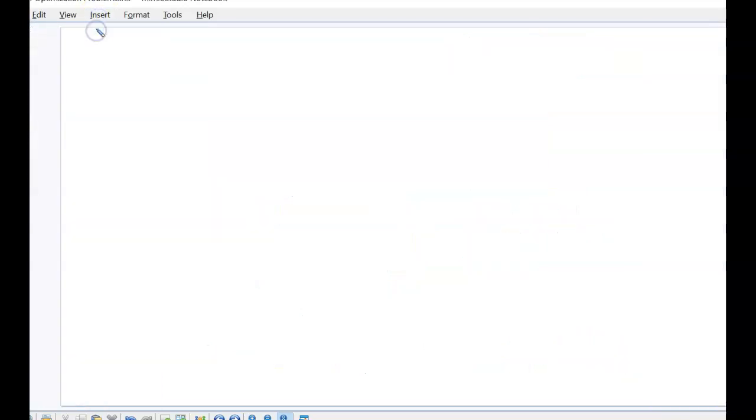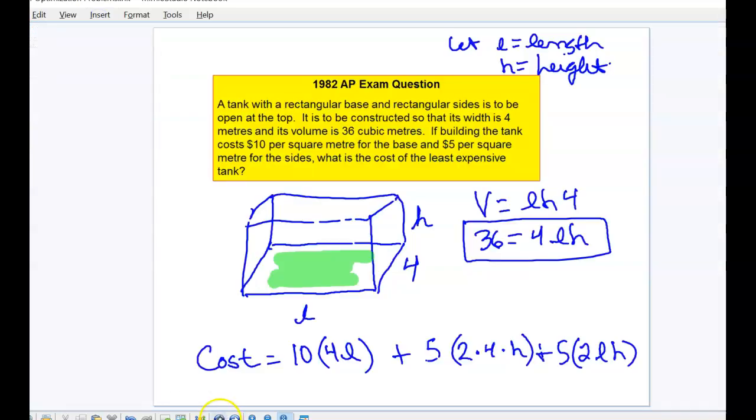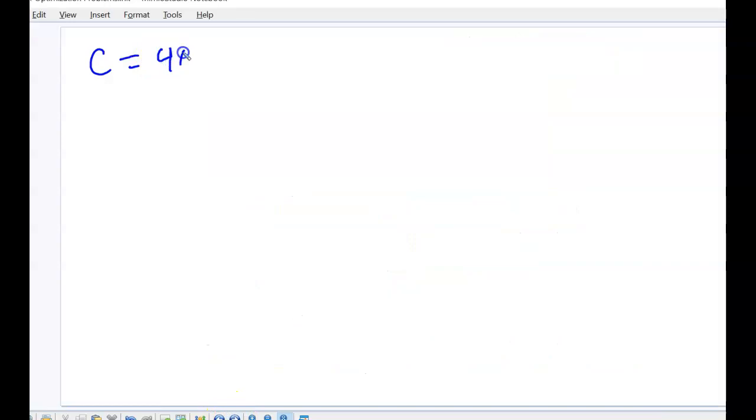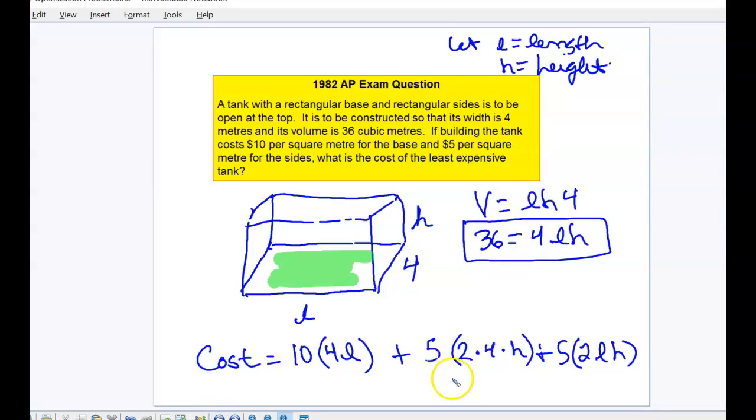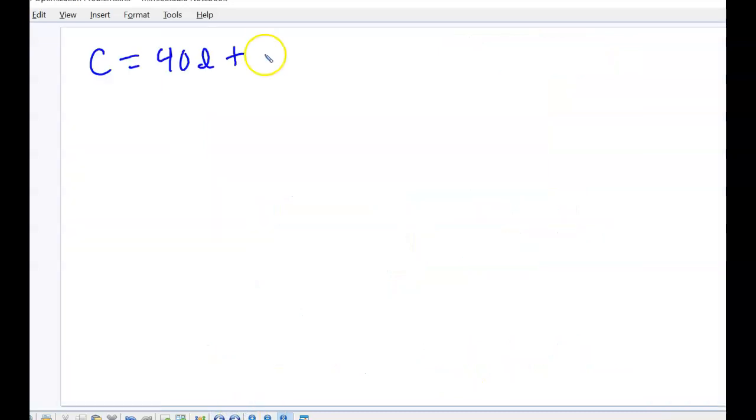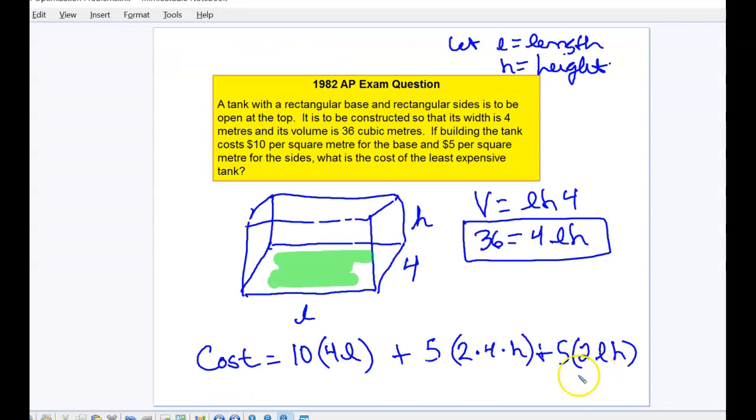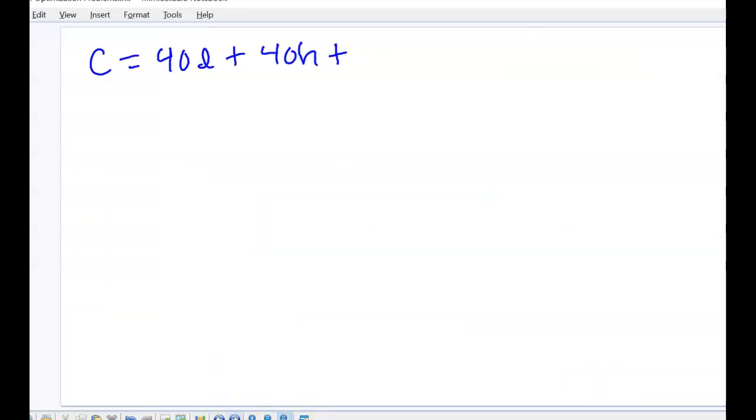So if I clean up my cost function here, this is going to be 40L plus 40H plus 10LH.